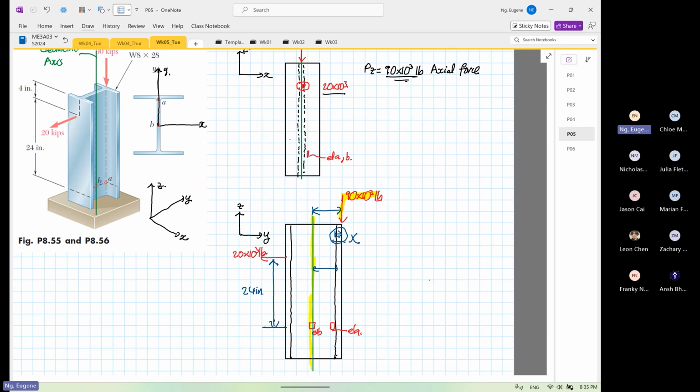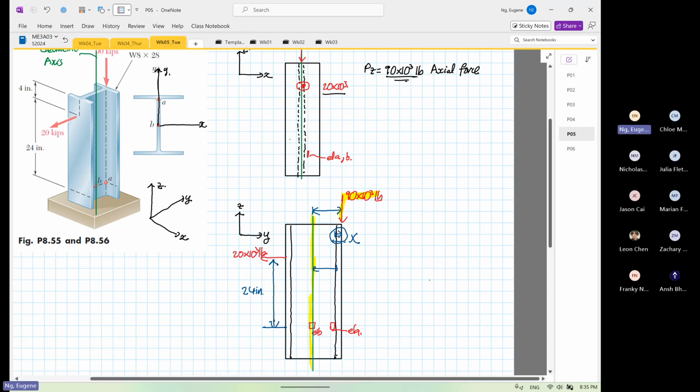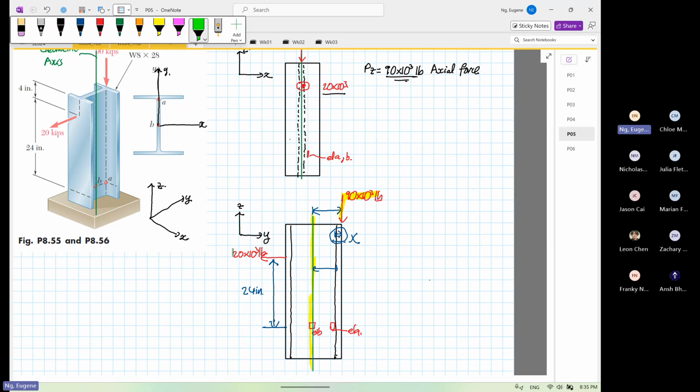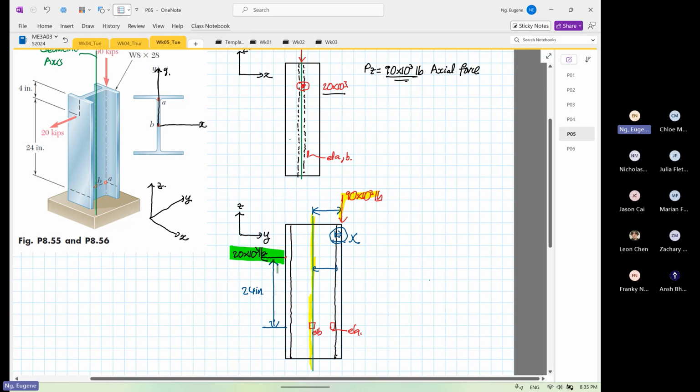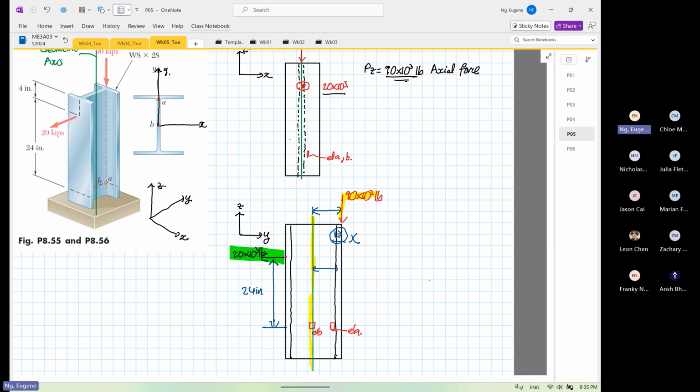So from here, when is it to the element? I'm not saying to the element is wrong. If the applied force is perpendicular to the centroid or the geometric axis, then you go down to the element.